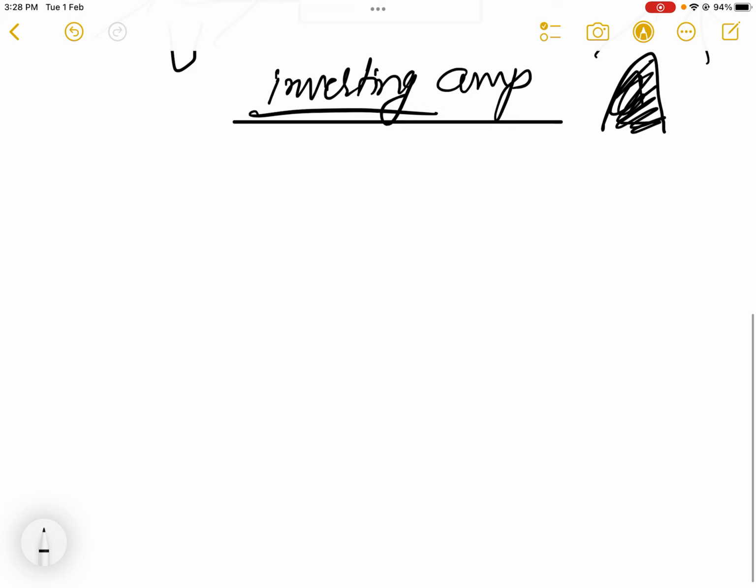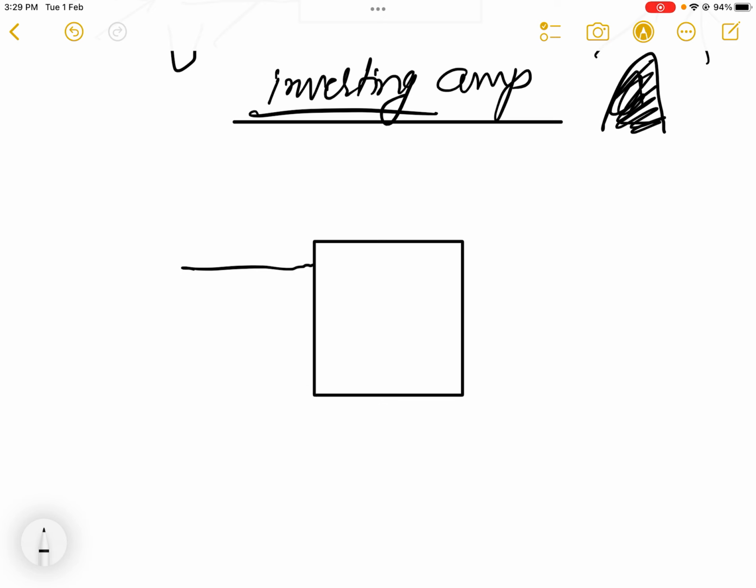Now there is another one that you must have guessed, and that amplifier is called simply non-inverting amplifier. It has also got two input terminals like this. Then the two input terminals are as such. Amplifier, of course, connected with external battery.